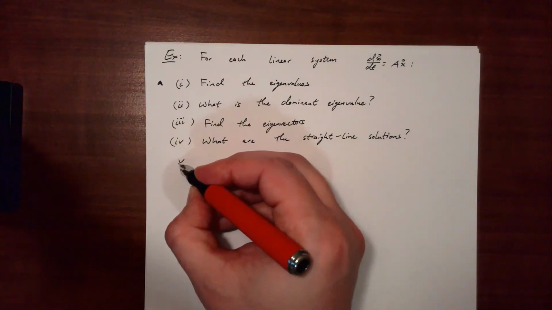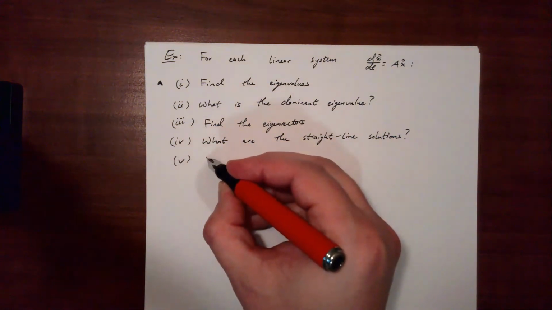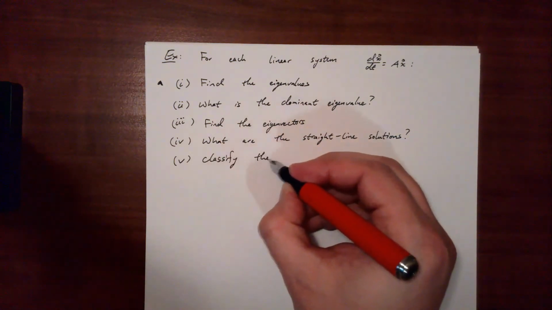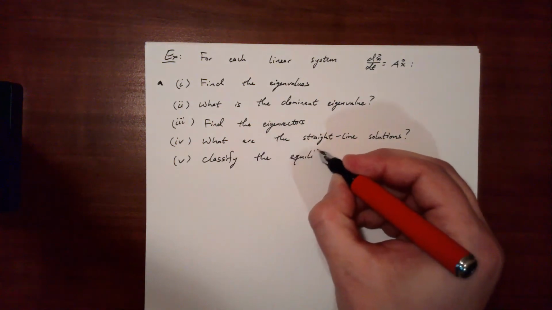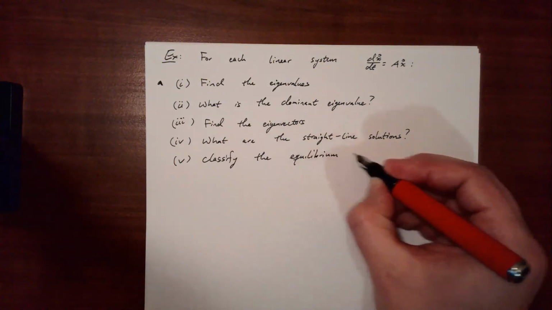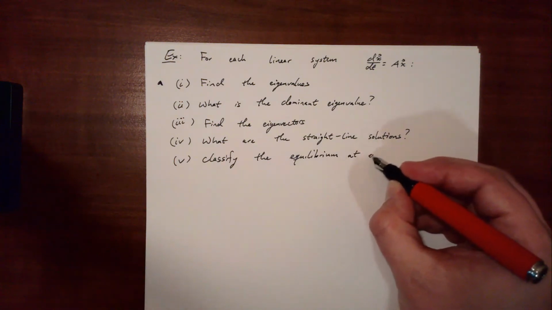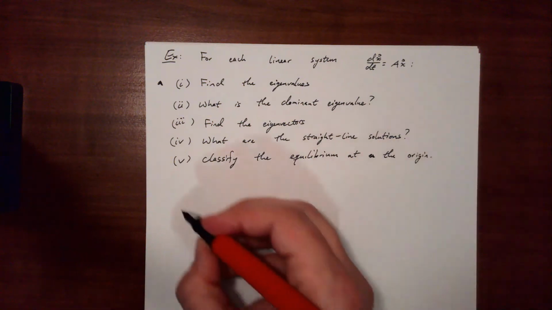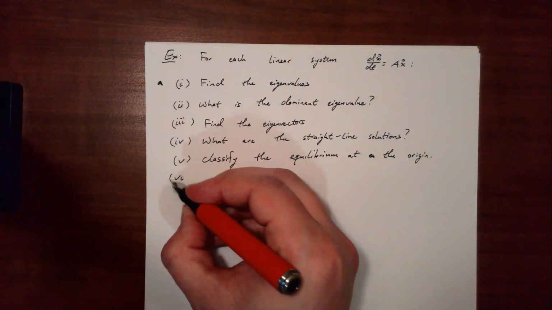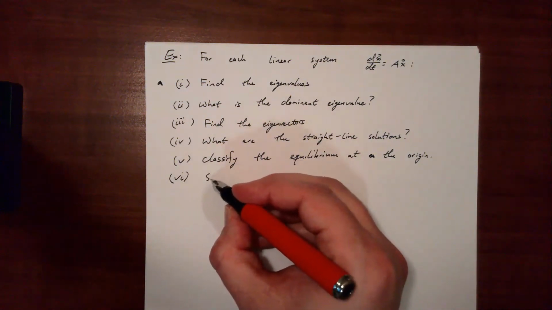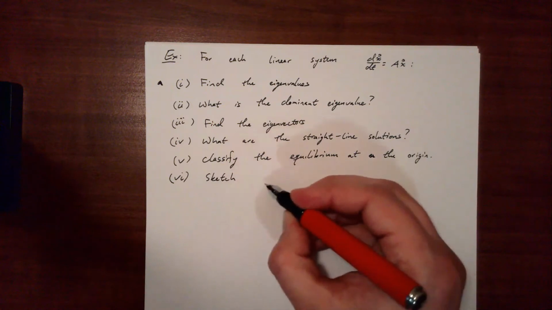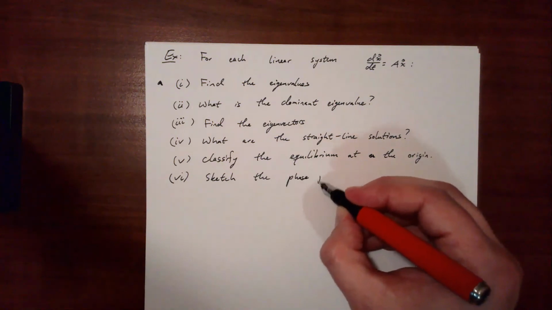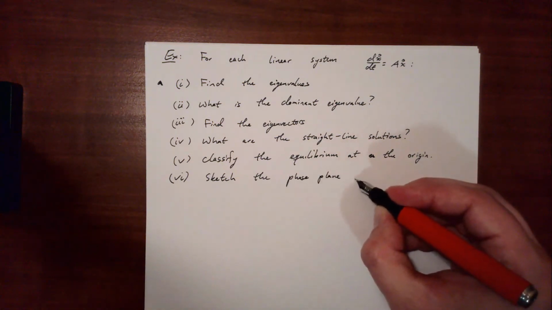Five, classify the equilibrium at the origin. And then six, sketch the phase plane and several solution curves.